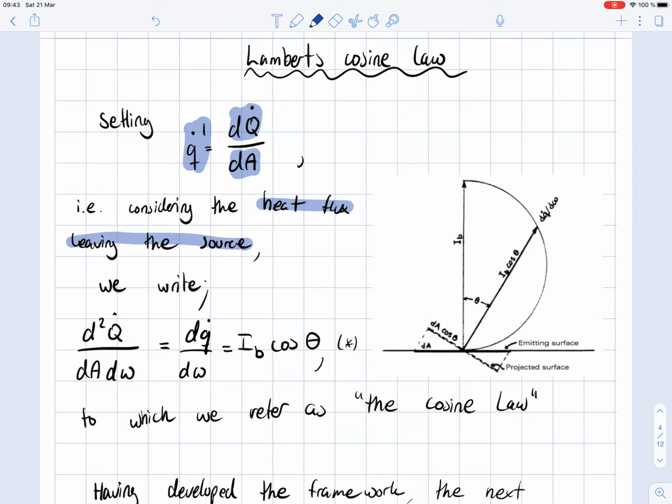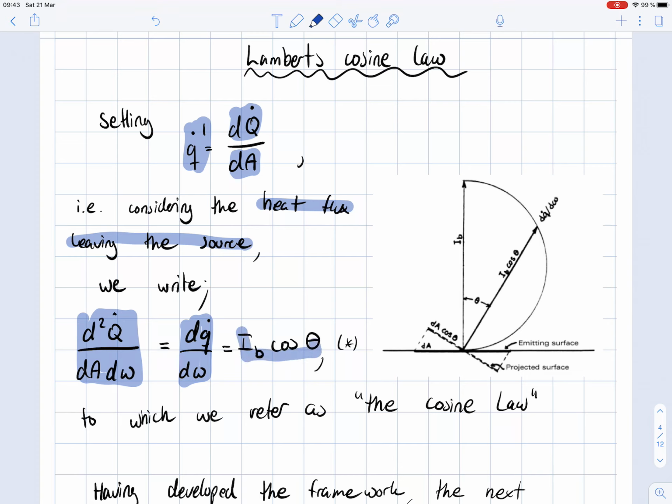If we do this, then we can write the following. The second order derivative of the heat transfer rate, well, is still equal to the derivative of the flux with respect to the solid angle.